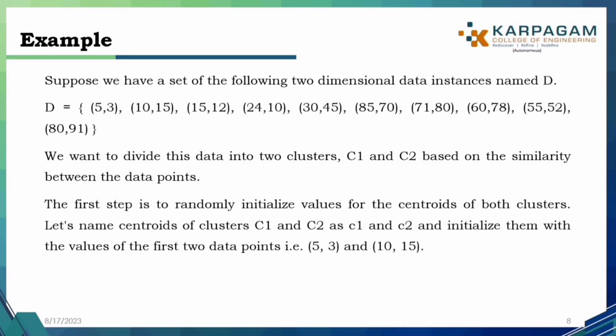In this example, I have taken the value of k as 2. It means 2 clusters, denoted by C1 and C2. First of all, we randomly fix the values for C1 and C2 as (5, 3) and (10, 15).